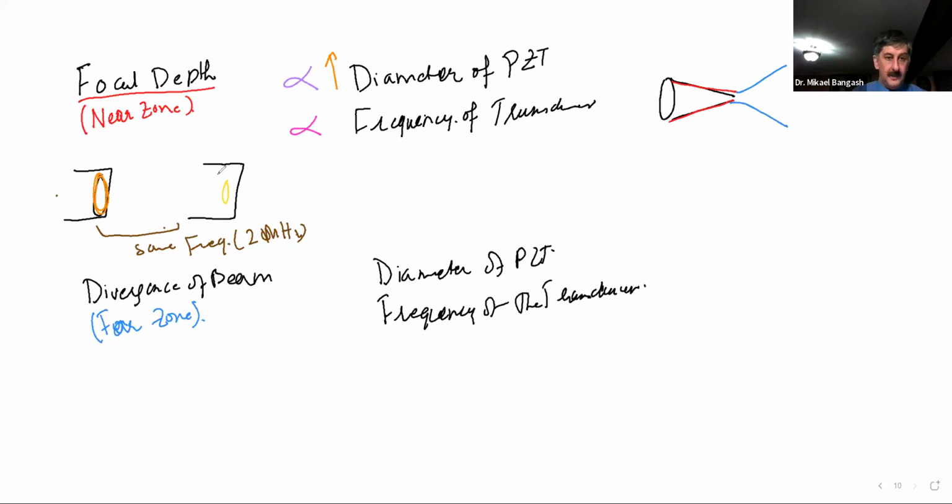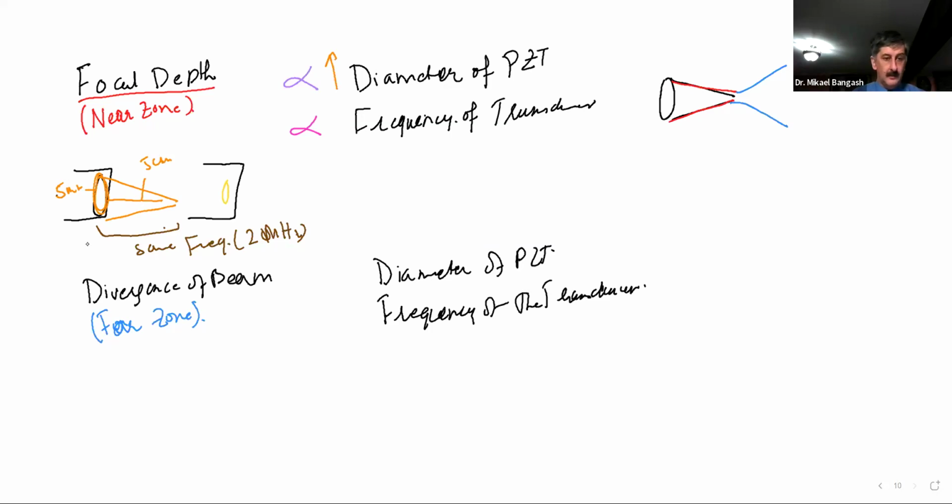The one with the big PZT is going to have a greater focal depth. We can say this PZT is 5 millimeters, and just to give a number, the focal depth was 5 centimeters.